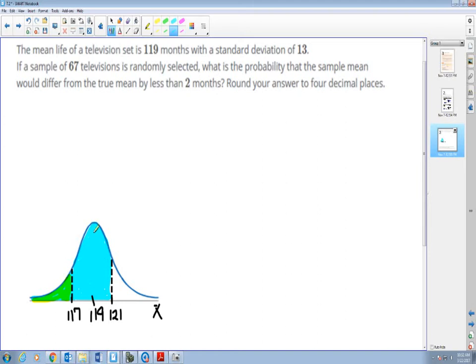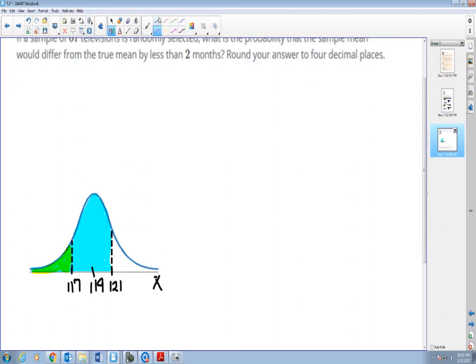So what the problem is saying is, if you want to be less than 2 months, what you're really looking for is the area in between 117 and 121. So this is the area in the middle, different by 2 months, that I'm looking for.